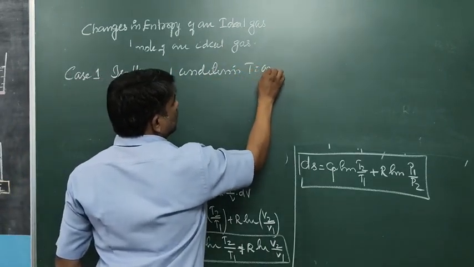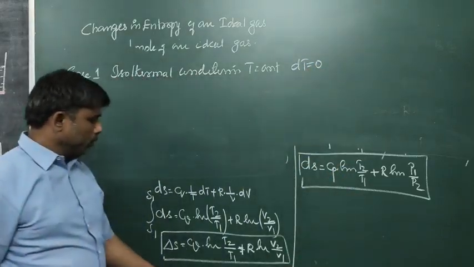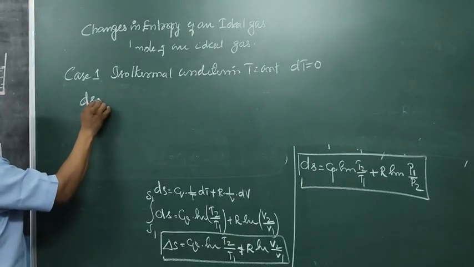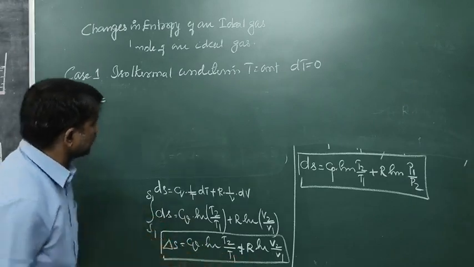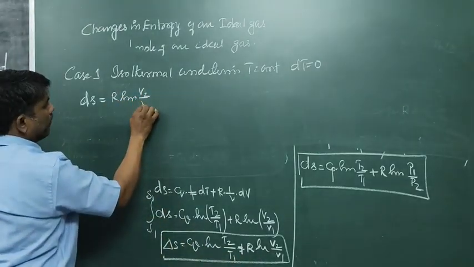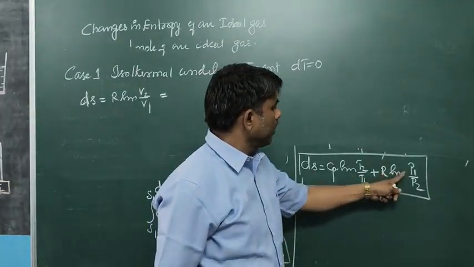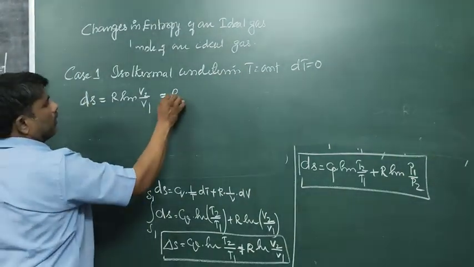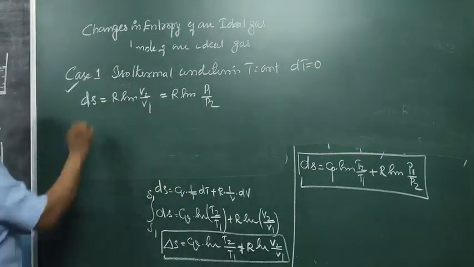T is constant and change in temperature is equal to 0. Substitute this in this equation. When temperature is constant, this term gets cancelled. The remaining term is R ln(V2/V1), which is equal to R ln(P1/P2). This is the first case.